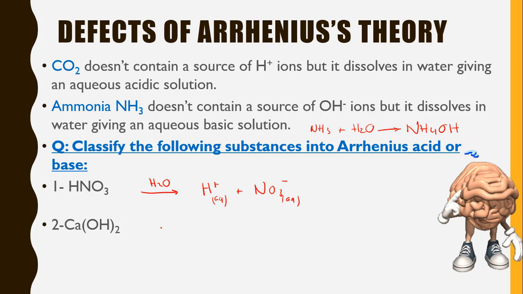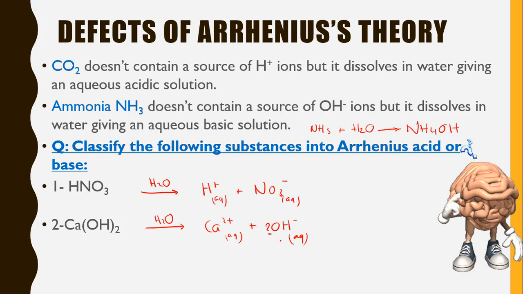Now calcium hydroxide, when it dissolves in water H2O, gives Ca 2 positive plus 2OH negative. Here also we have negative hydroxide ions, one or more, so it is called an Arrhenius base.